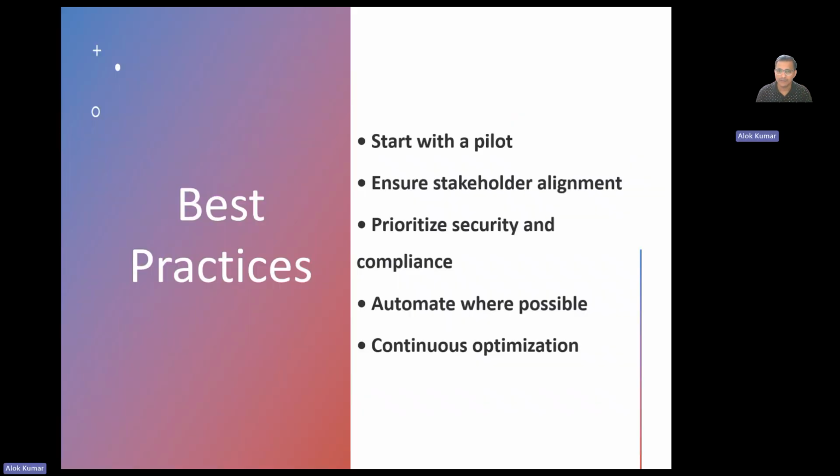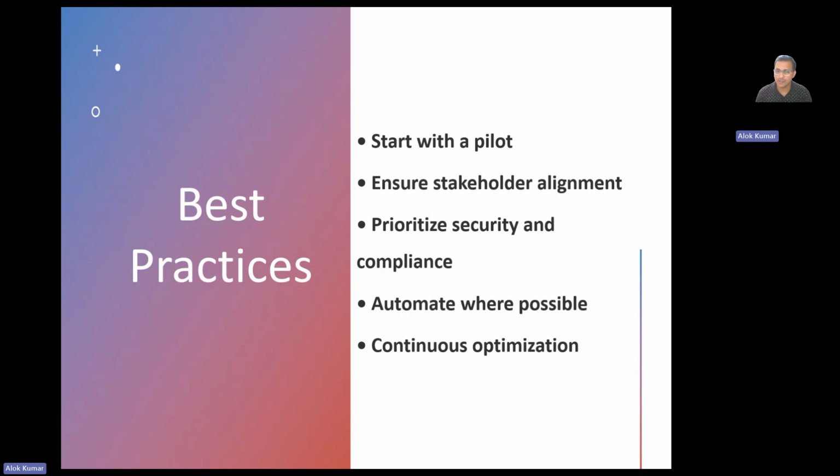Now, what are the best practices that should be followed for cloud migration? So start first with a pilot implementation. That means you should first pick a workload from your data center, consider the use cases, and then deploy or migrate the workload to the cloud based on your needs and requirements.